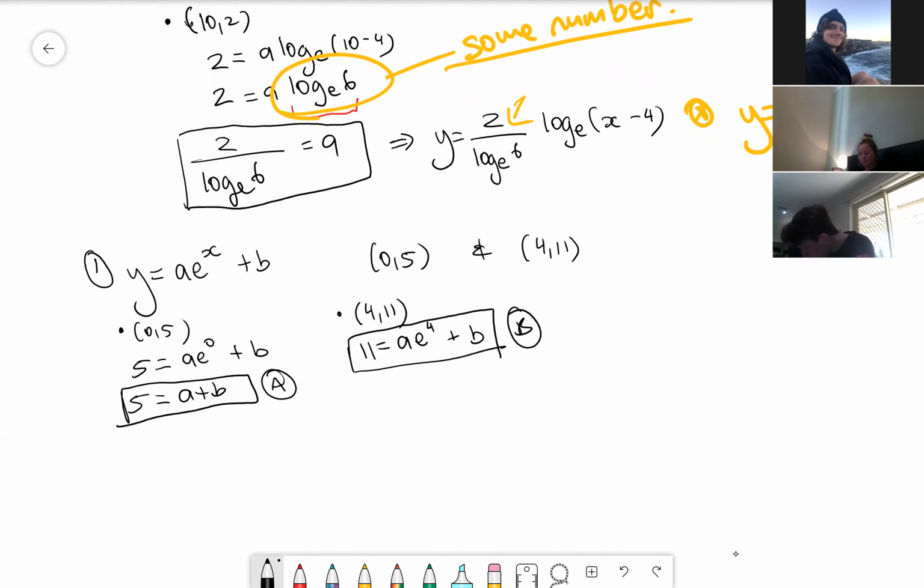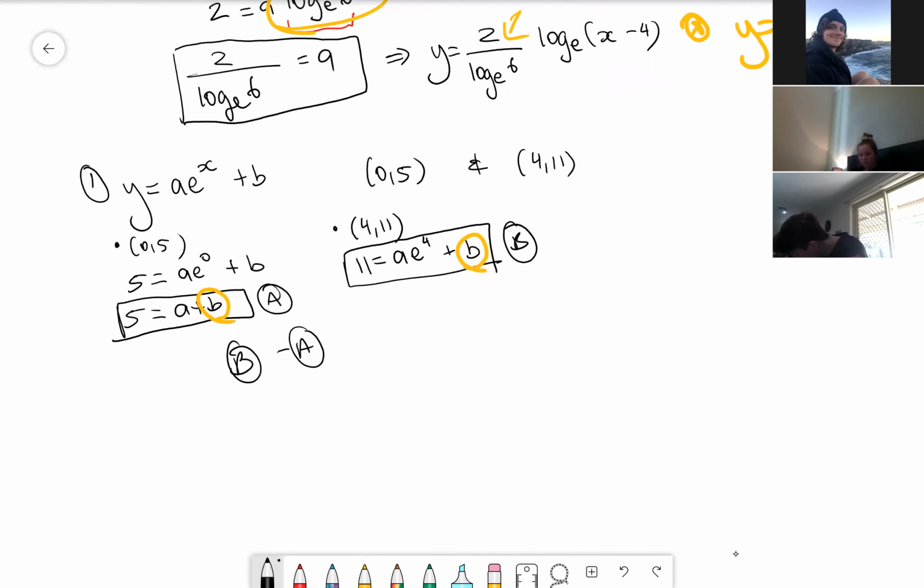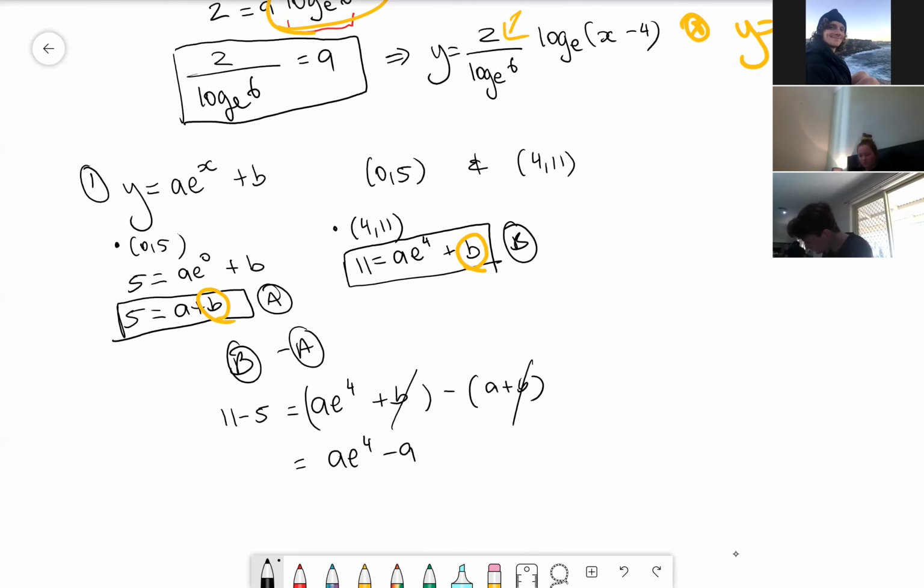Let's do second take first, because we know that these b's here will cancel out. So we'll get 11 take 5 is equal to a e to the 4 plus b, take a plus b. So these b's will cancel. Then we'll get a e to the 4 minus a is equal to 6.